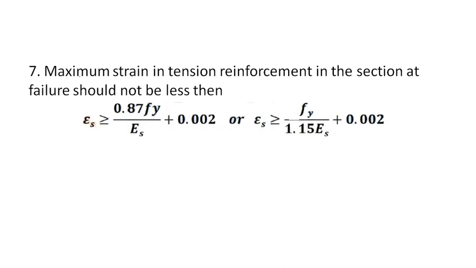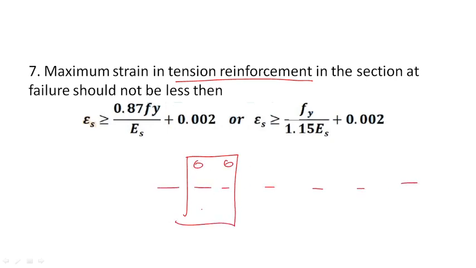The last point, maximum strain in tension reinforcement. This is a cross section of the beam. This is the neutral axis, right? And these are the bars, and this is the tension zone. This is the compression zone.